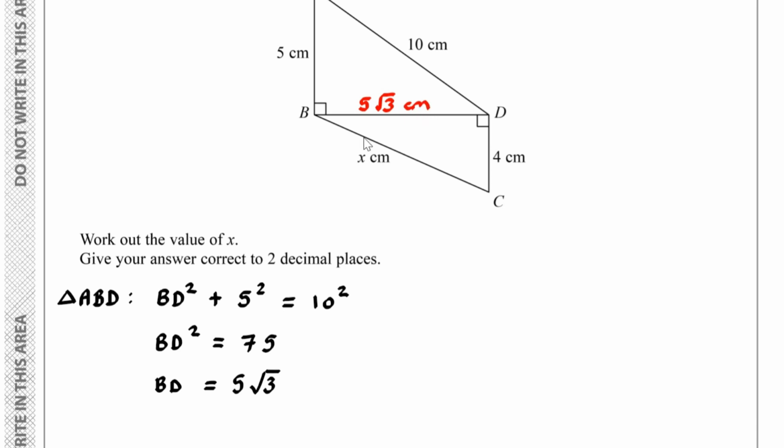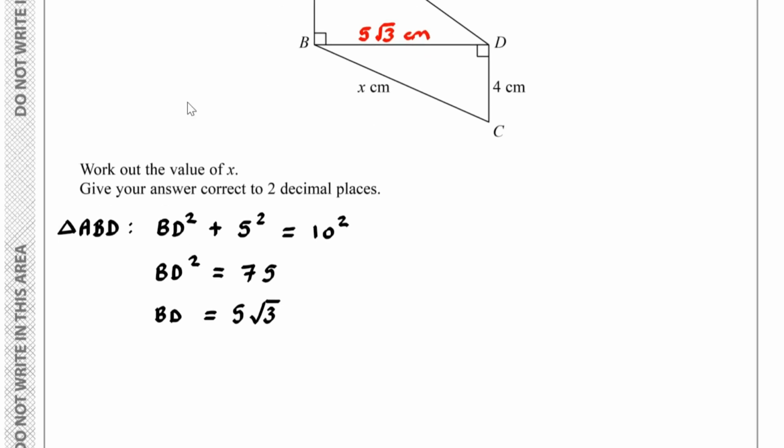centimeters. Now we can find out x using, again, Pythagoras. If we concentrate on the triangle BCD, then using Pythagoras we would have the 5 root 3 squared plus the 4 squared, which is x squared.